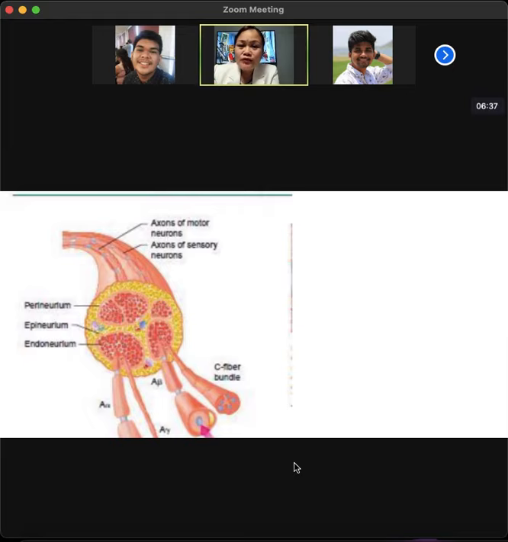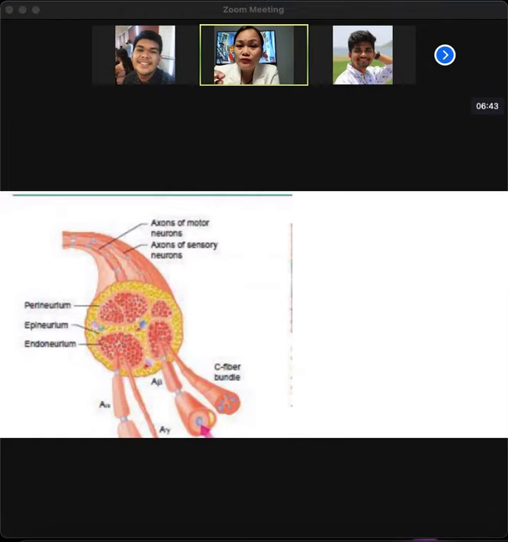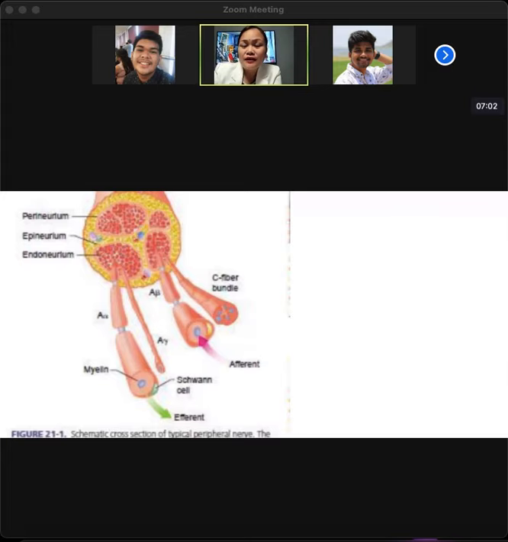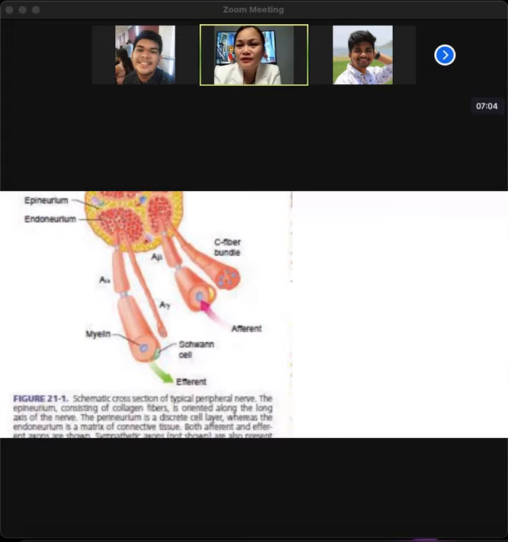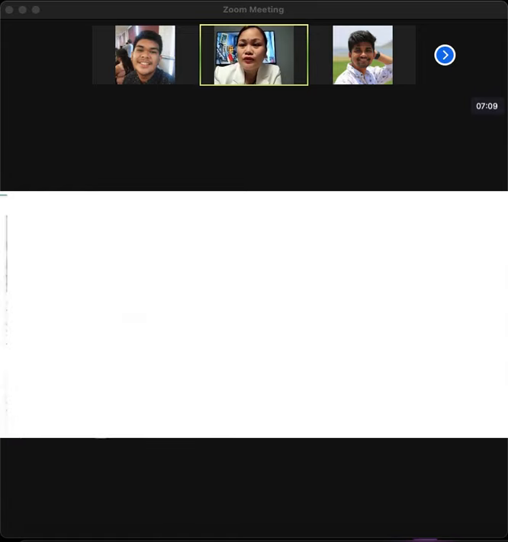The perineurium is the most outside part of your neuron, and then the endoneurium is the inner part. The epineurium is outside the endoneurium. As you can see here, the C fibers, A fibers, the afferent fibers, and efferent fibers. Those are the part of your neuron.